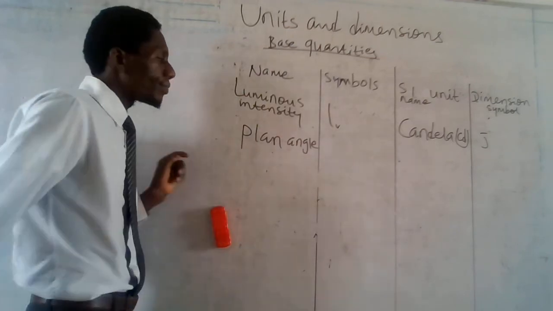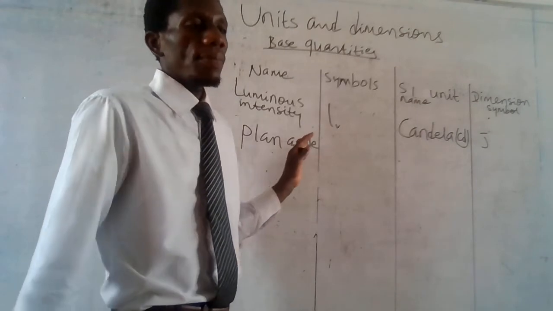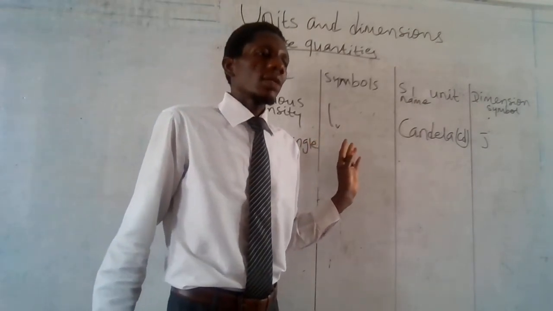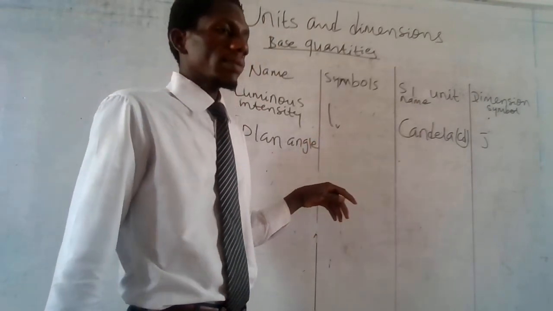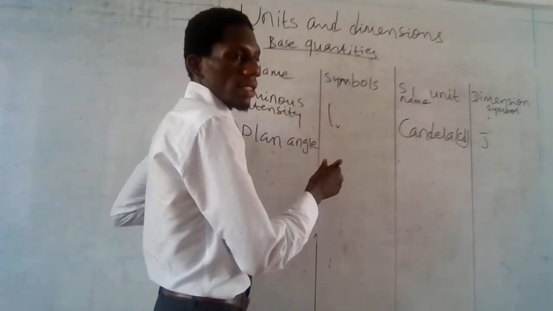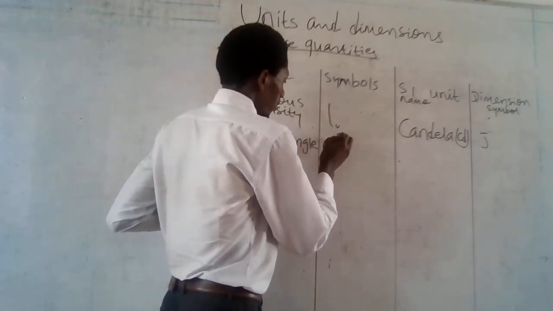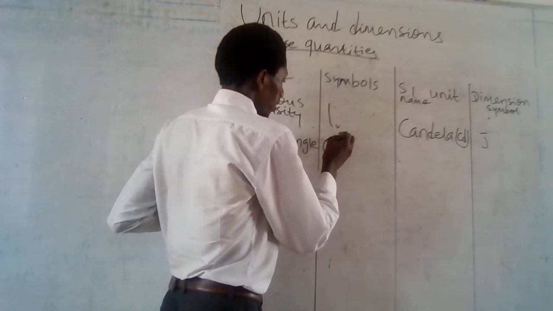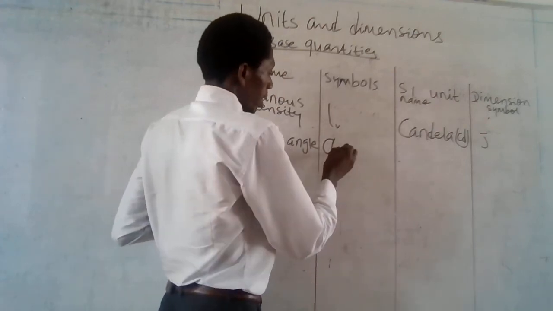And then we also have plane angle. Now, plane angle, the common symbols for plane angles are listed here. These are the common symbols for plane angle.